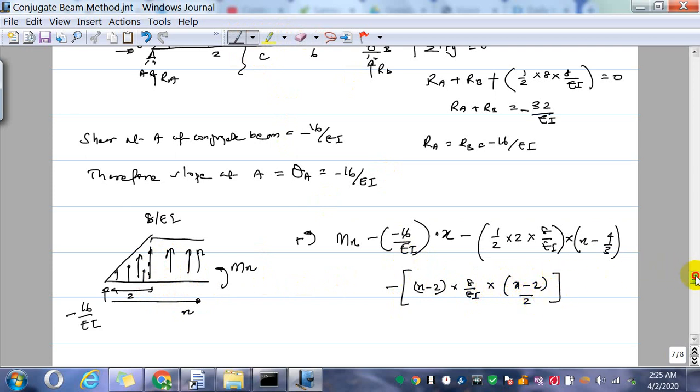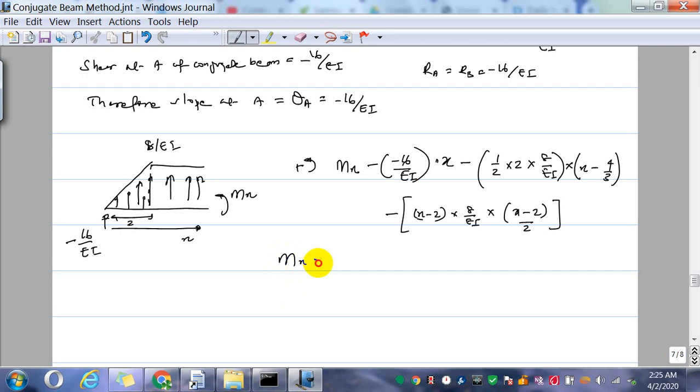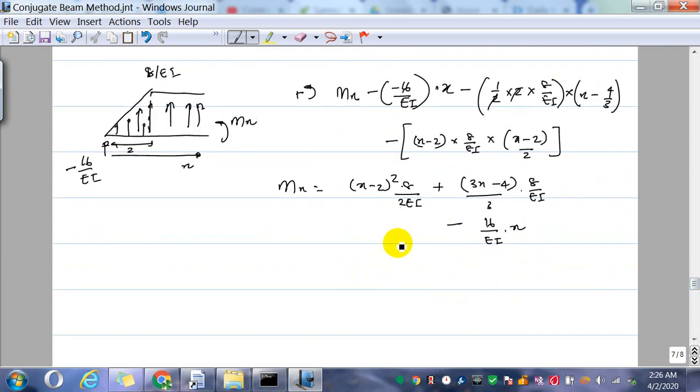So you get the equation Mx is equal to x minus 2 squared into 8 over 2EI, plus 8 over EI into x minus 4 over 3, minus 16 over EI into x. So that is the equation.